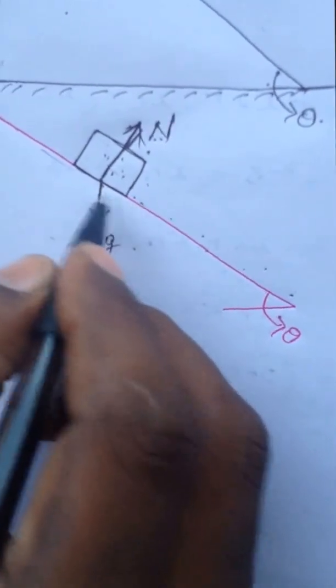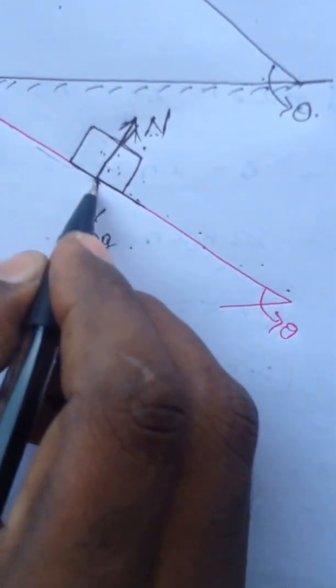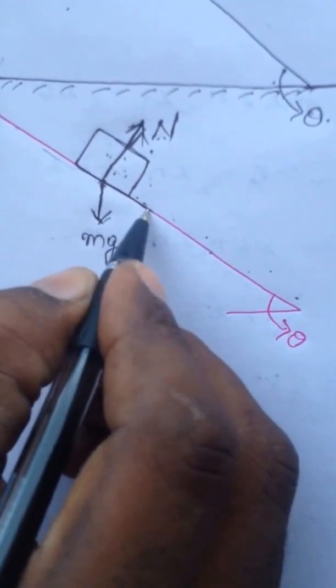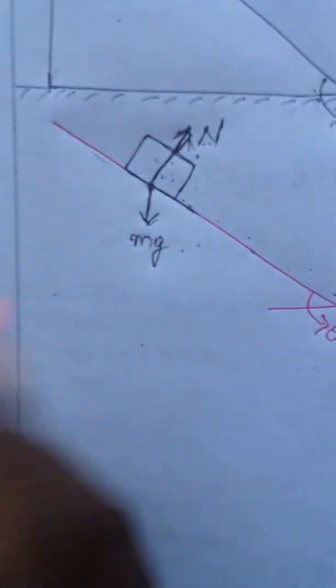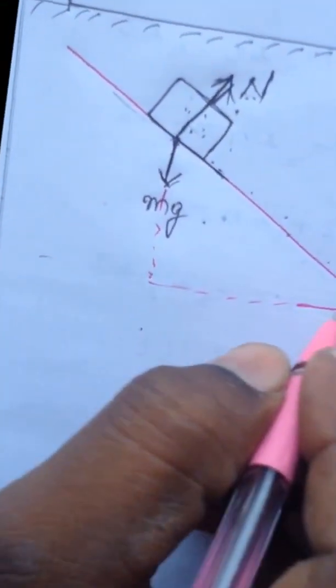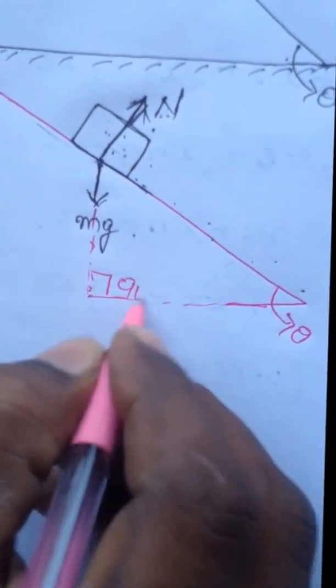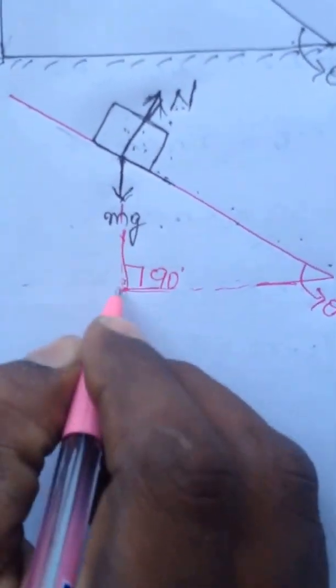mg, because mg is subtending some angle with this inclined surface. To find the angle between mg and the inclined surface, consider this geometry. If I extend this line vertically downwards like this, and join it with this, then what happens? Here this angle will be 90 degrees, because this is a horizontal line and this is a vertical line.